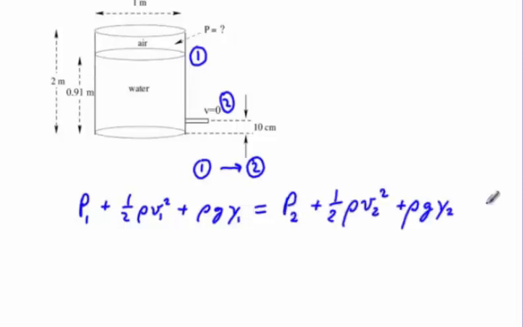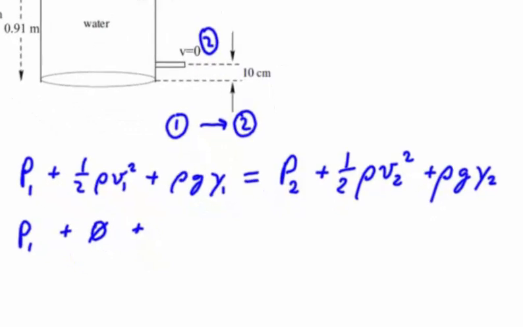Just as we did in Part A, we'll continue by using gauge pressures for our units. The gauge pressure at location 1 is what we're trying to find, so we'll leave that as a variable. There is no motion of fluid at any location, and the height at location 1 has now dropped below the previous level.